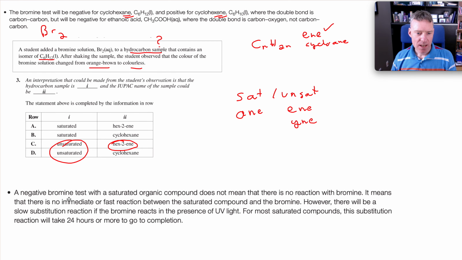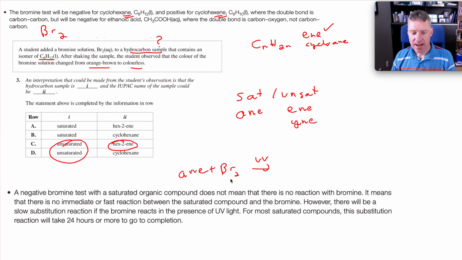Now they do make a comment that bromine will react with an ane over a really long period of time. For bromine to react with an ane, this would have to be substitution, and you need UV light. And you can get UV light just coming from the sun.